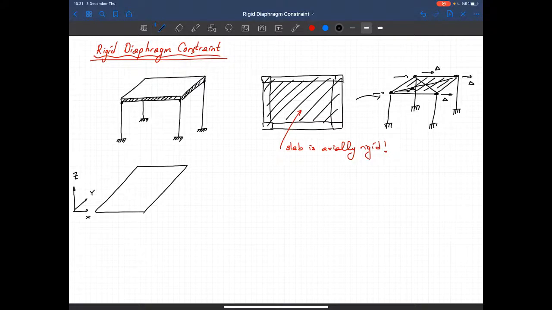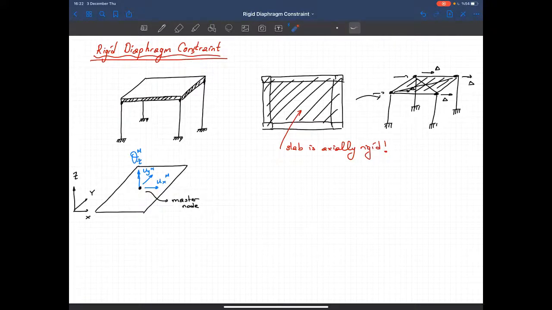And what I'm going to do is, at the centroid, I define a master node. The master node has the following in-plane degrees of freedom: ux m, uy m, and also a rotation in the z direction.